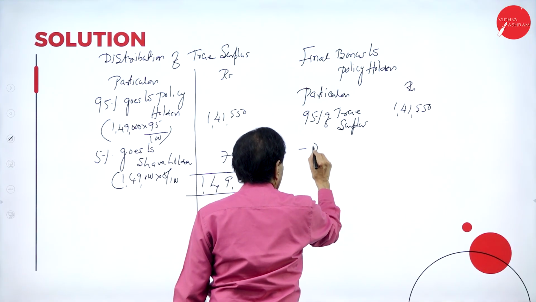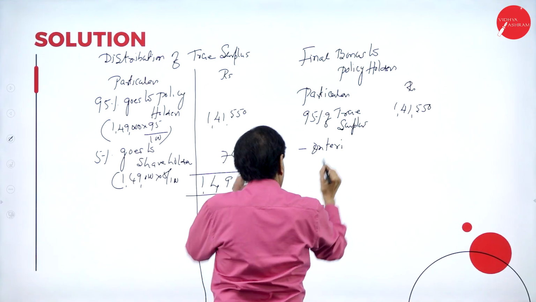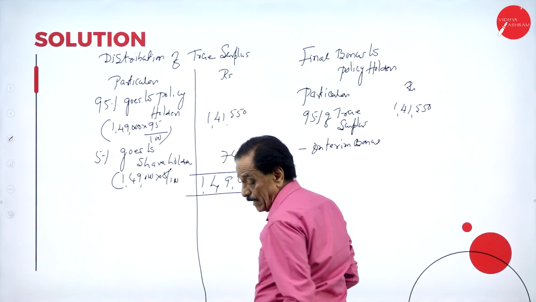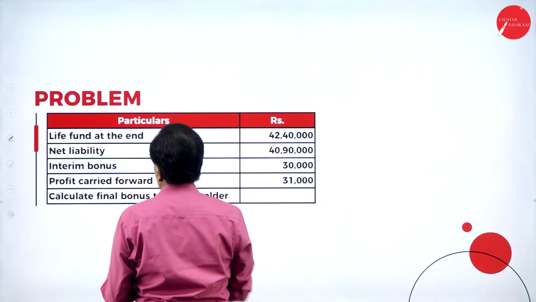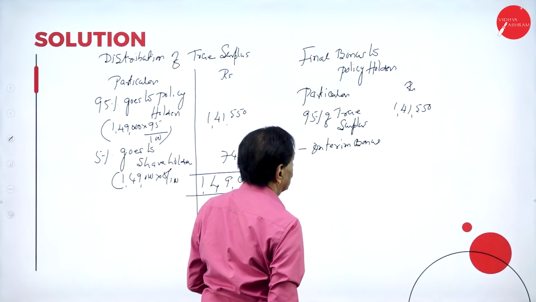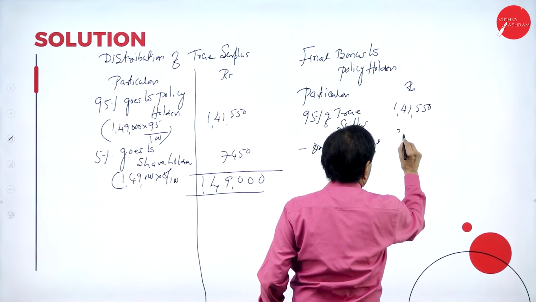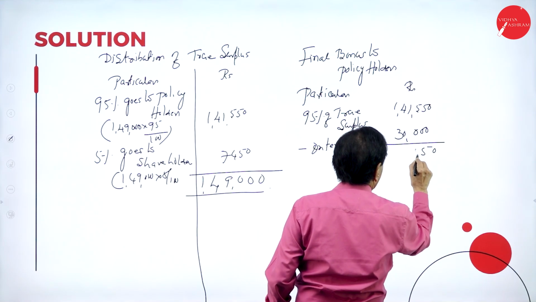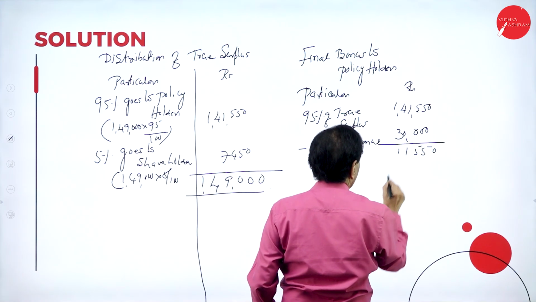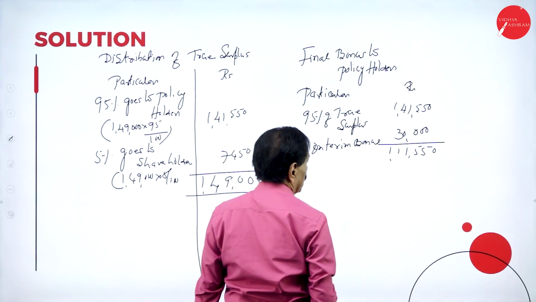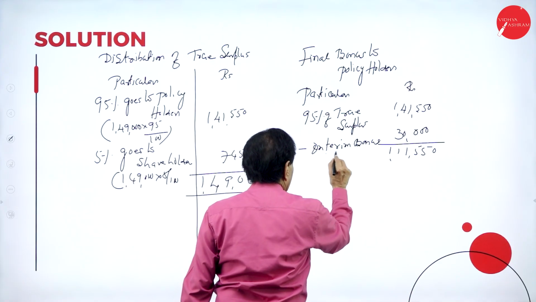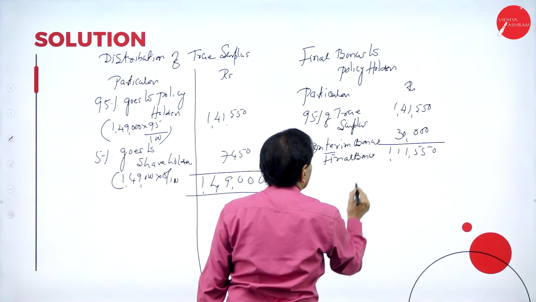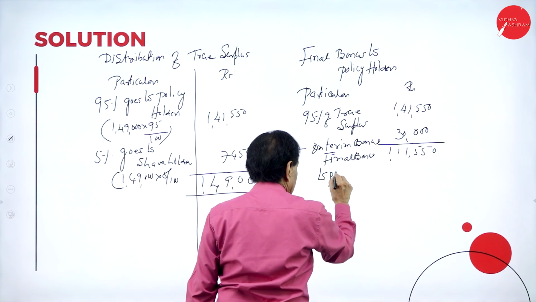Minus interim bonus, which is already paid. How much already paid? 30,000. The result is 1,11,550. Final bonus to policyholder.